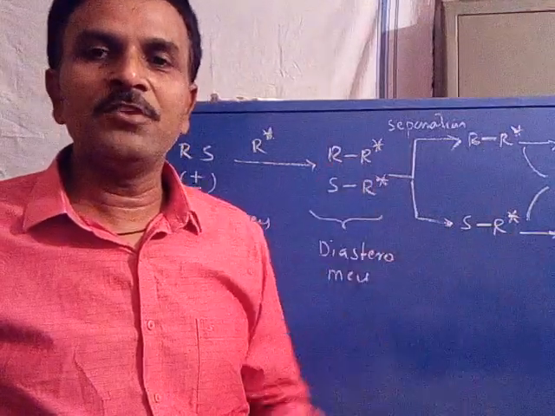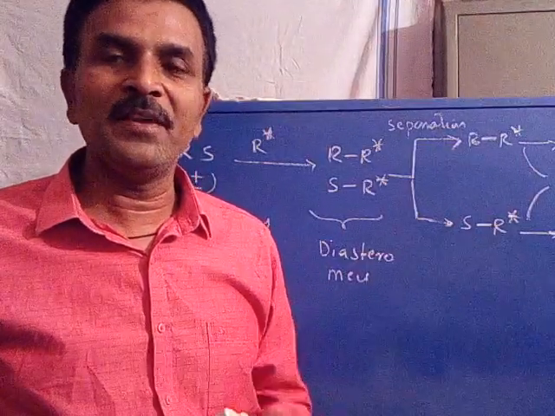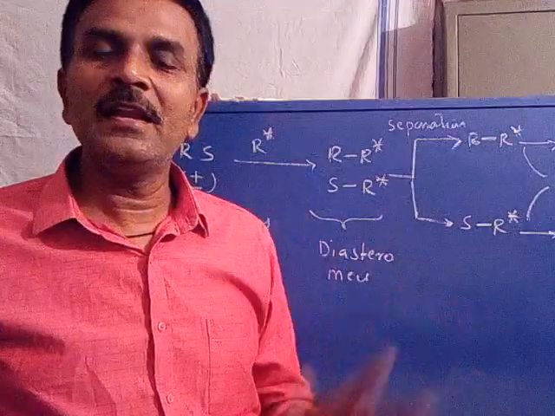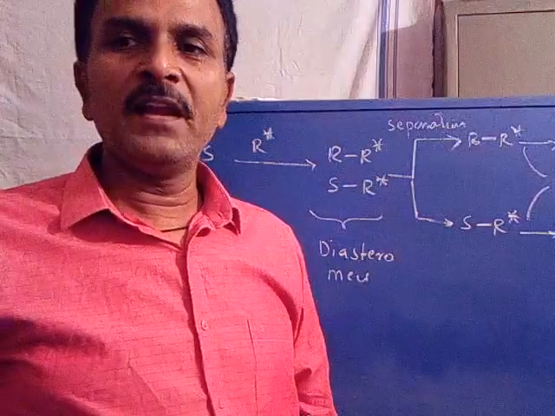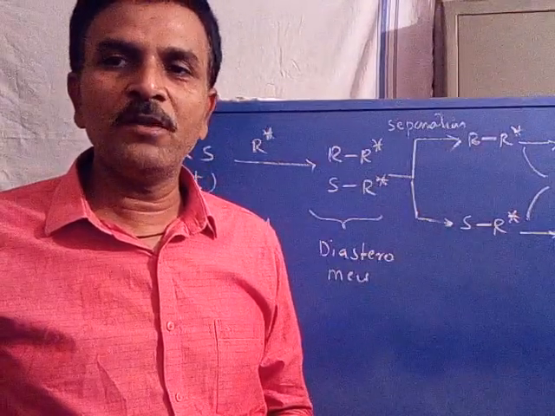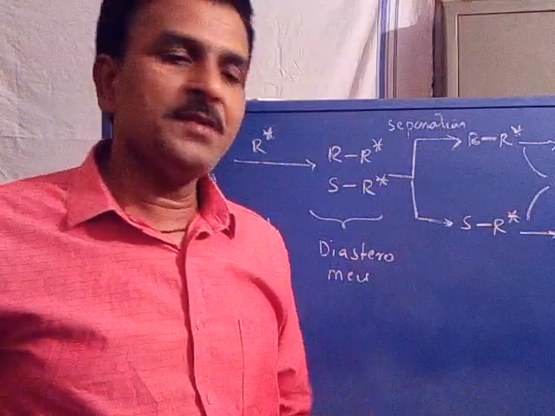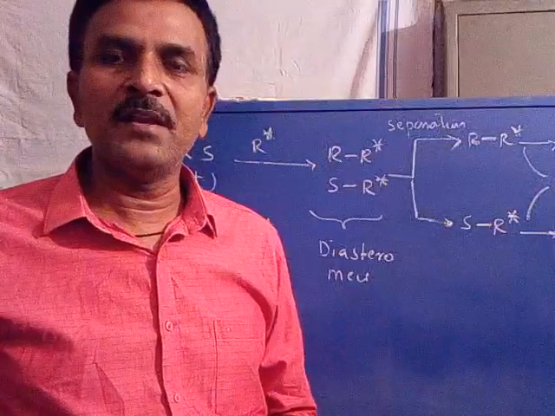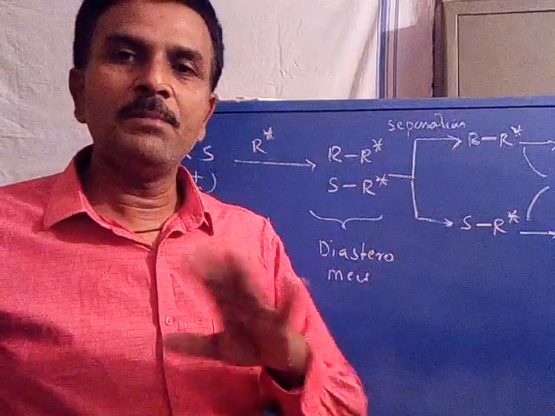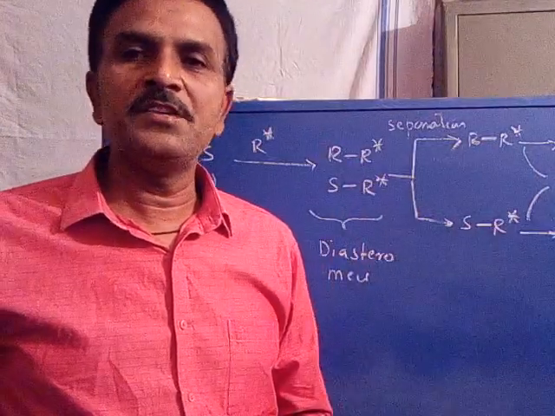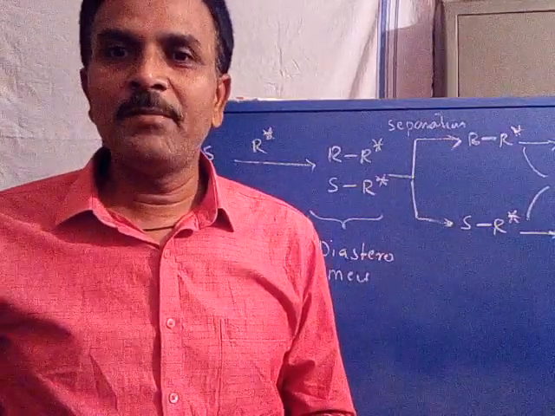So this is the general procedure for discrimination or separation of enantiomers from their mixture. The enantiomers are directly not possible to separate because of the same properties, therefore they are transformed by treating with a specific reagent into diastereomers. The diastereomers differ in both physical and chemical properties, hence can be easily separated. After their separation, we can recover the R isomer and S isomer separately simply by detaching the R star group which we initially added. So this is the general procedure, a chemical method of discrimination of enantiomers.